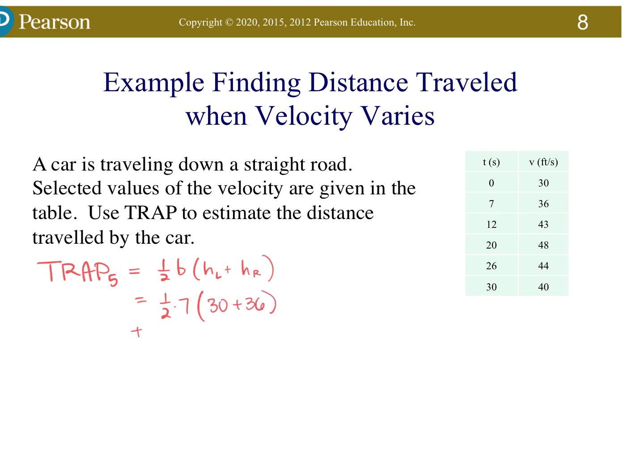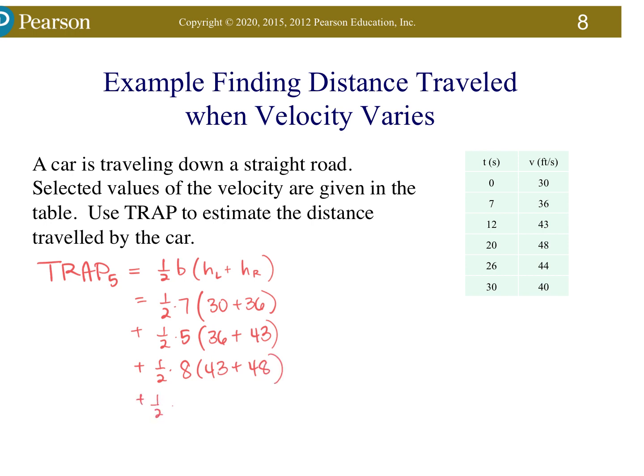Plus the next one will be 1/2 times, what's the next base interval? 5. So it's not always consistent. And then 36 is combined with 43. And the next one will be 1/2 times 8, and then 43 is combined with the next value, which is 48.